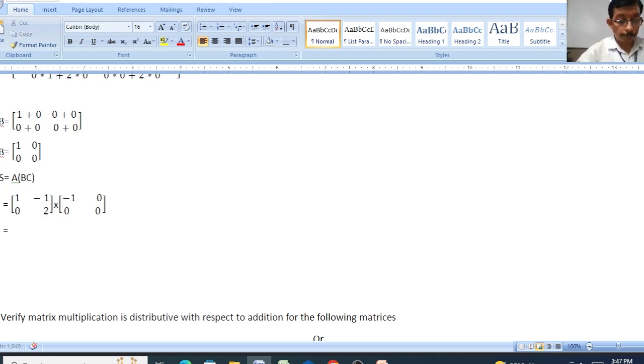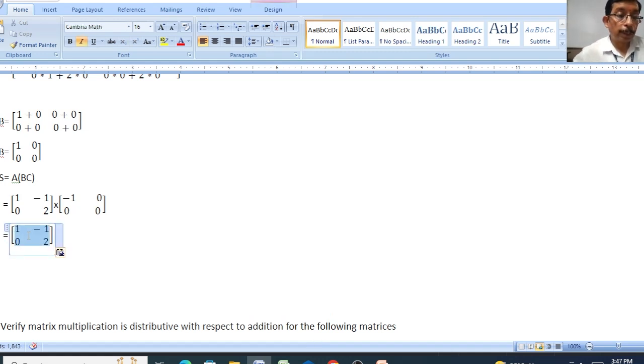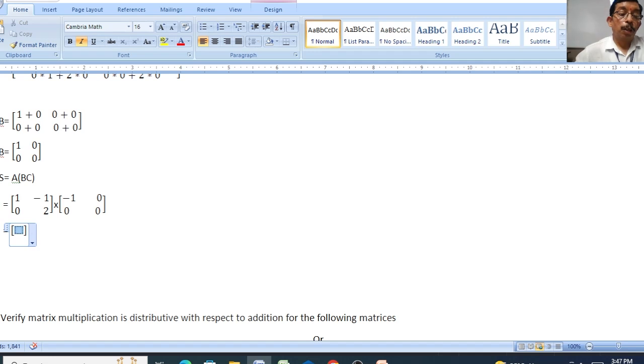Equal to, row is multiplied by column. First row is multiplied by first column, then we receive the first element of first row in LHS side. 1 multiply by -1, plus -1.